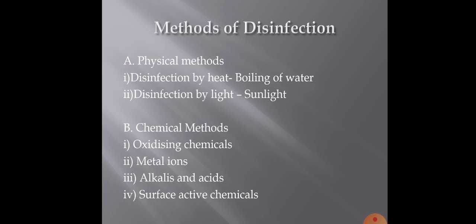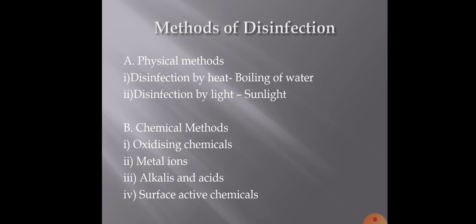Metal ions like silver and copper ions are used in this process for disinfection. So this is another method where metal ions can be used for disinfecting water. But one disadvantage is that this is a very slow process.